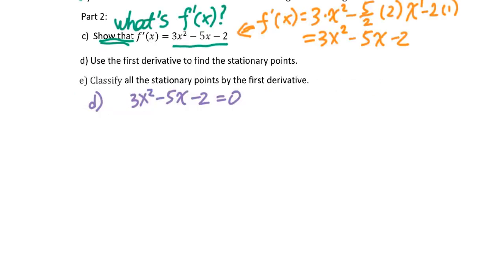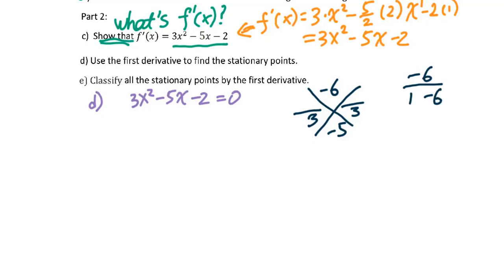For the IB exam, you can use a graphing calculator to get the solution. But here, I just show you using the ninja X method. So you will get -6 and -5. Here's 3, 3, and -6, you will get 1, -6. You add and get -5, so this will be your answer. Then I reduce, get -2 over 1.